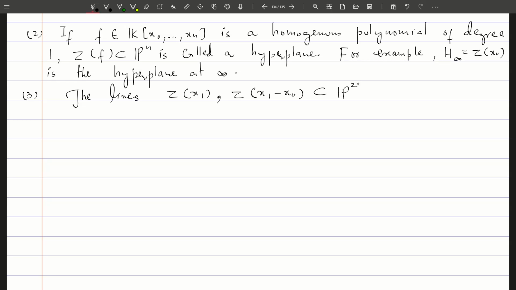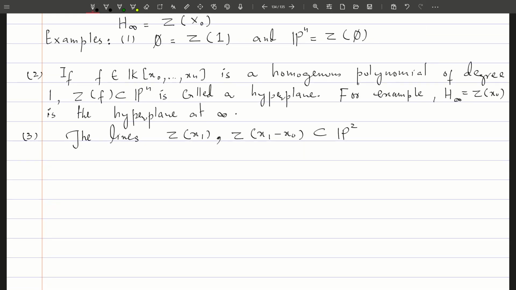If we restrict these two lines to the affine space A^2, then we have x0 equal to 1 there. So we have the lines x1 equal to 0 and x1 minus 1 equal to 0, which are parallel lines in the affine space.